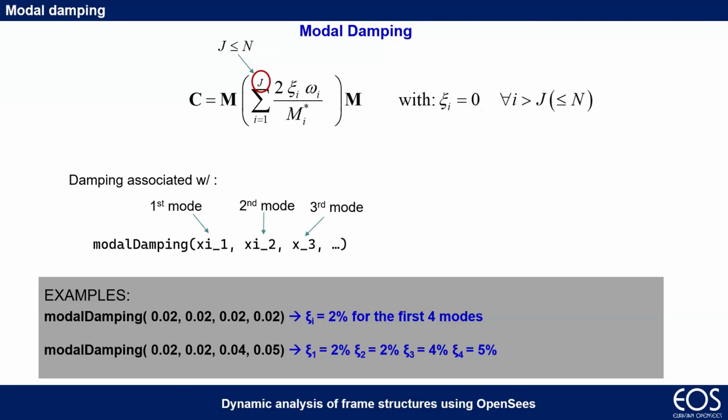How to do that in OpenSees? Really easy. Just modal damping. First, the damping ratio, the critical damping ratio, for the first mode, then second, third, and so on. You don't have to declare for all the modes of your structure, just the modes that you want. For example, 3, 2, 4, and so on. Okay.